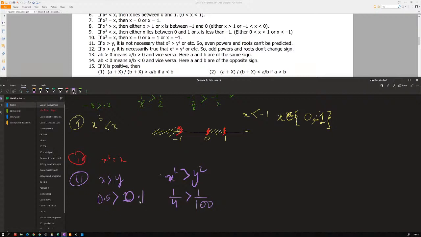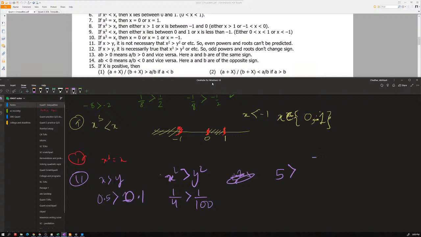So x square is greater than y square. Okay, so let's see. Now if it was 5 square, and like if x was 5, oops, there is something wrong I'm doing. Well, I think the decimal should not follow this, but still, let me take the negative numbers and then I'll take decimal.